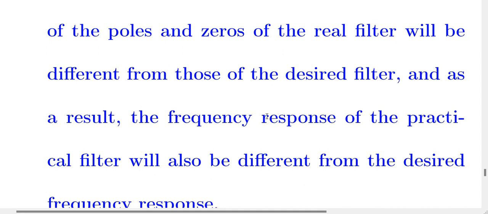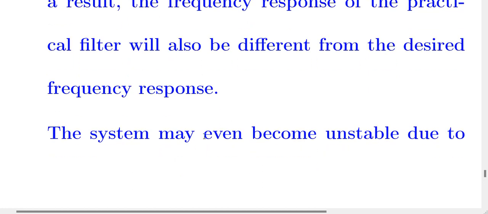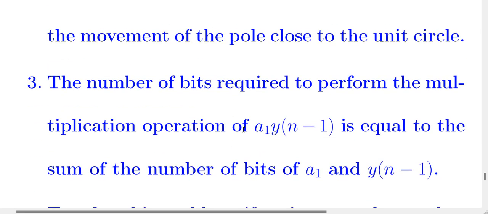And as a result, the frequency response of the practical filter will also be different from the desired frequency response. The system may even become unstable due to the movement of the pole close to the unit circle, to the outside of the unit circle.